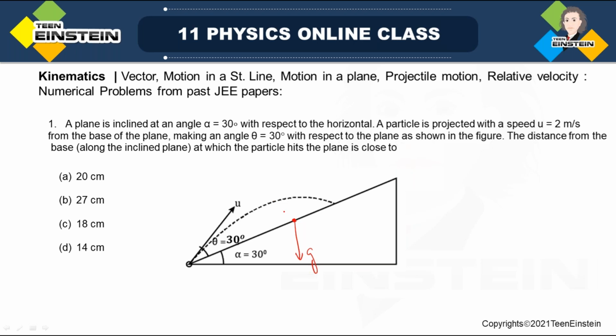But how does this g affect the motion of the projectile? It will affect it in a different way. If this is alpha, this also will be alpha, so the component perpendicular to the inclined plane will be g cos alpha, and along the inclined plane it will be g sine alpha.